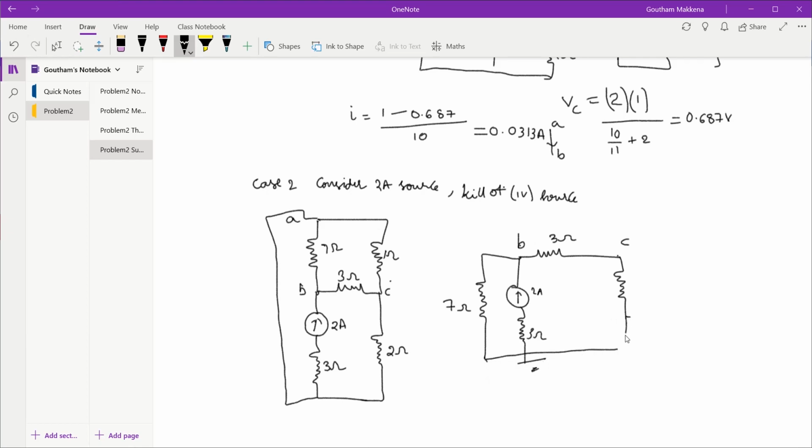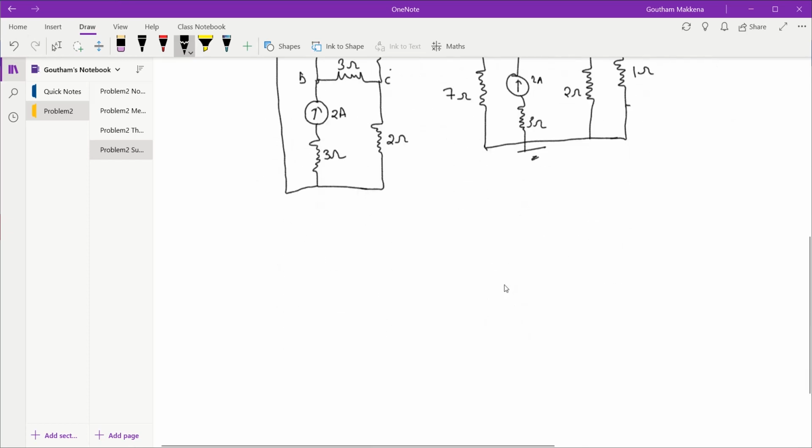So this finishes my equivalent circuit. Of course this is 1 ohm. Of course this 2 ohm resistance between C and the ground is also present, so that is this one.